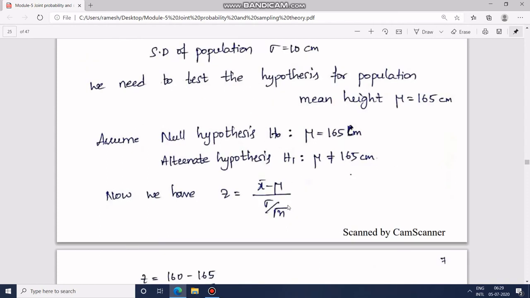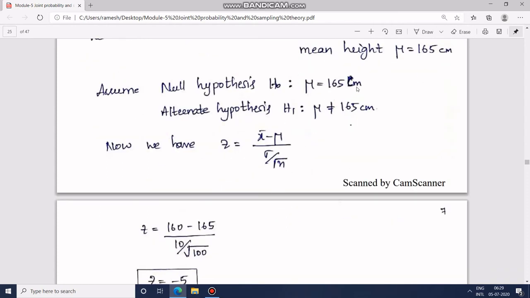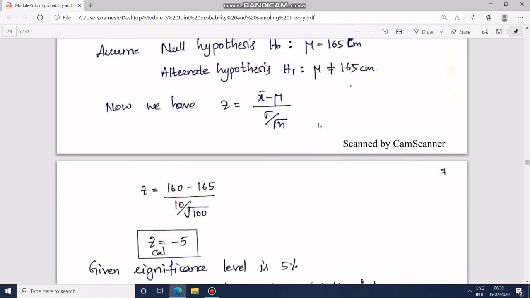Now, as usual, the population mean is called H naught. We assume the null hypothesis H naught as mu is equal to 165 centimeter. The alternate hypothesis H1, that is against H naught, is mu not equal to 165 centimeter.